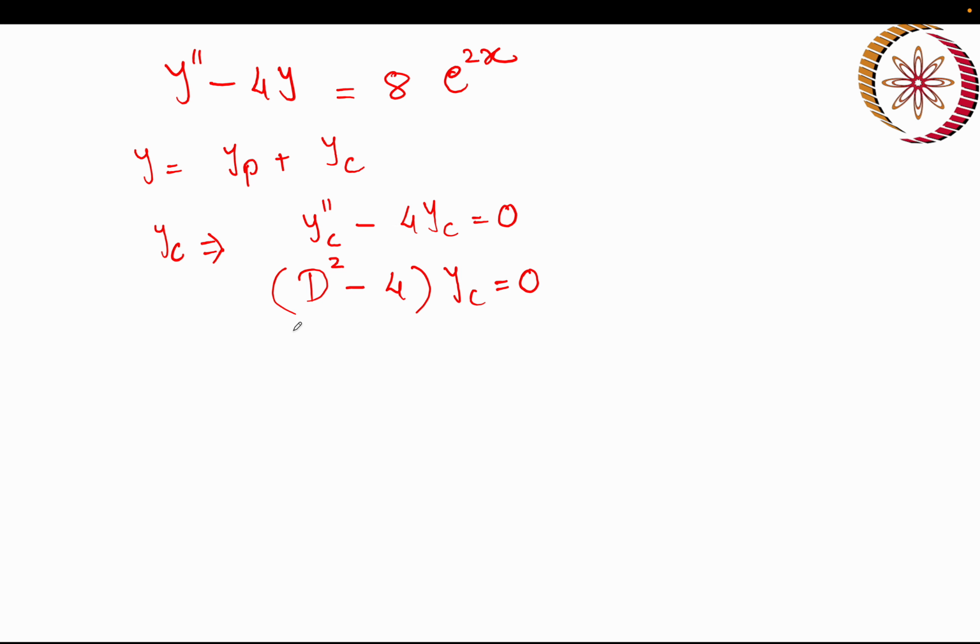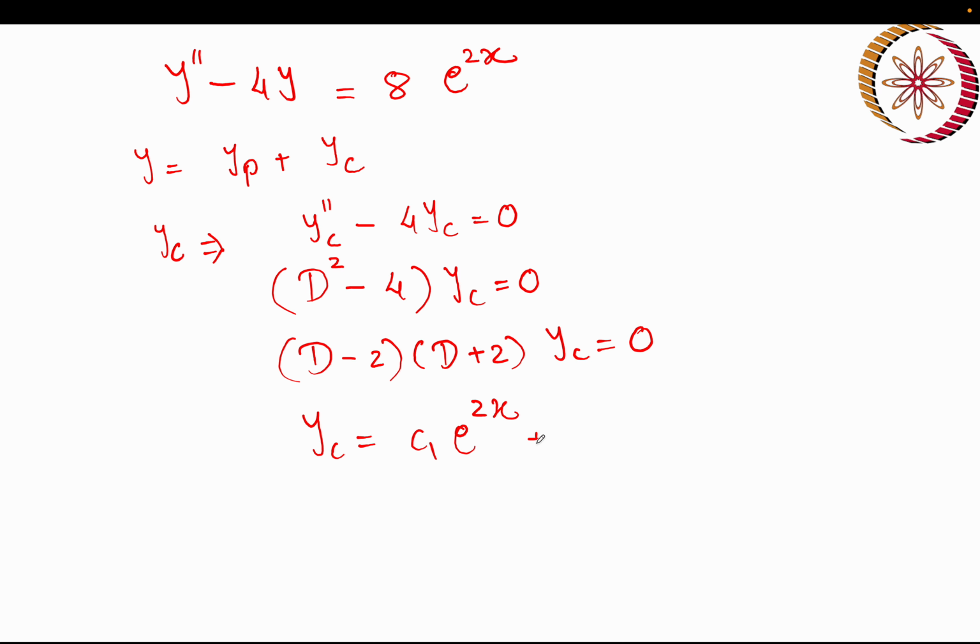We can find the roots: D minus 2 and D plus 2, y_c is equal to 0, and we can write the complementary solution with these roots, which is c1 e raised to 2x plus c2 e raised to minus 2x. Okay, so this is the complementary solution, and next we'll find the particular solution.